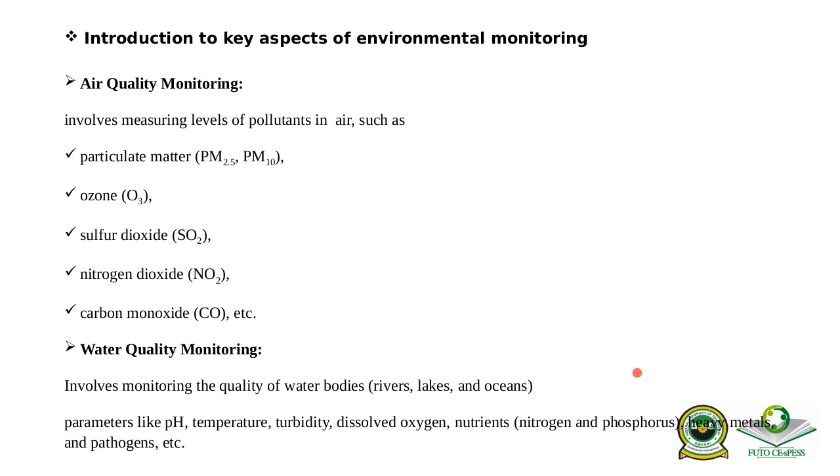Then we have those that can pass through a pore size of 10 microns. A micrometer means 10 to the power minus 6 meter. So they are very tiny particles.